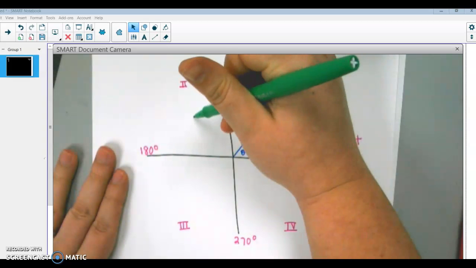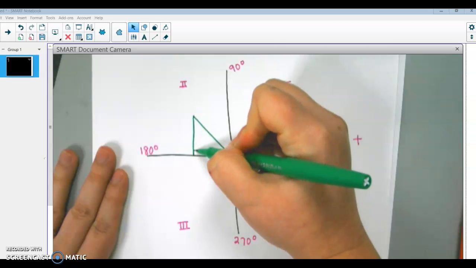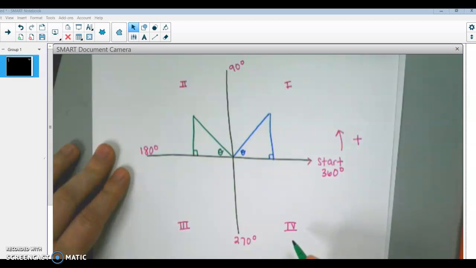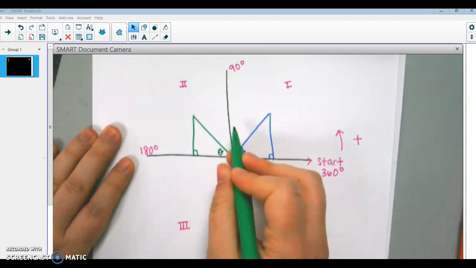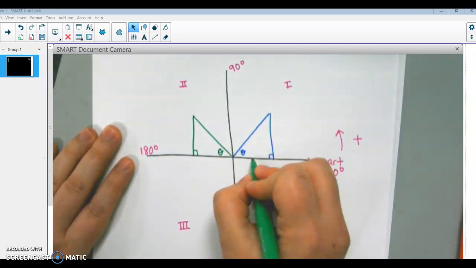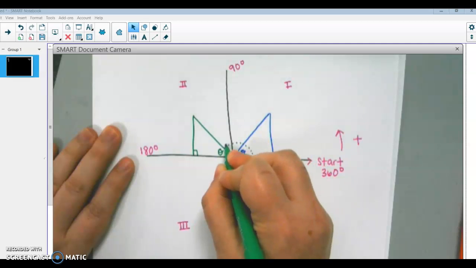So in quadrant 2, the triangle that you make would have to look like that. The angle that you would be given would be an angle between 90 and 180 degrees. So this quadrant 1 is going to get drawn on a lot.